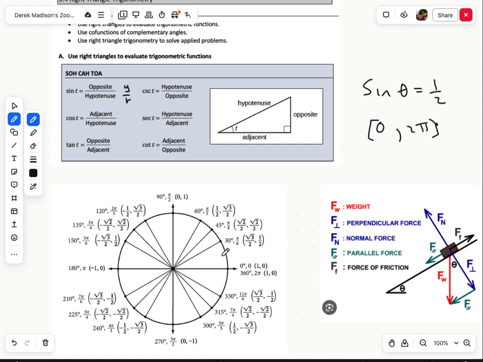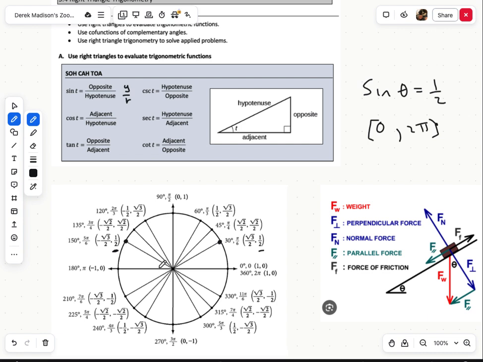And remember that sine is our y, and then 0 to 2 pi means in one revolution. Sine is our y value, so there's a point here where sine is 1/2, and there's another point over here where sine is 1/2. And if we're looking at this triangle, you can't see that at all, and it doesn't make sense why there'd be two answers to these things. So the unit circle is good there.